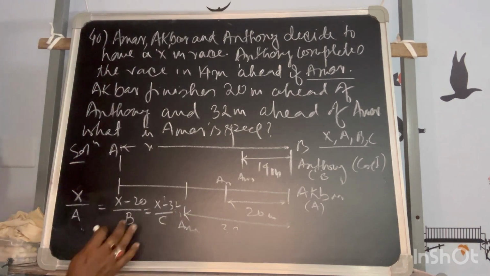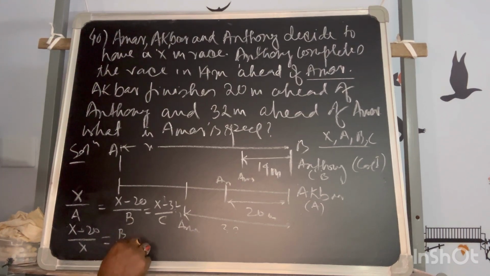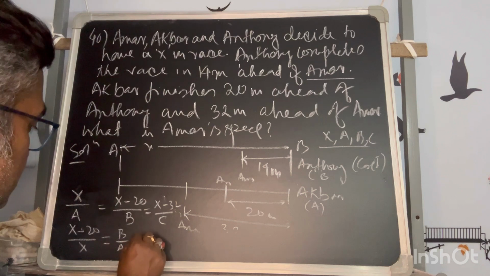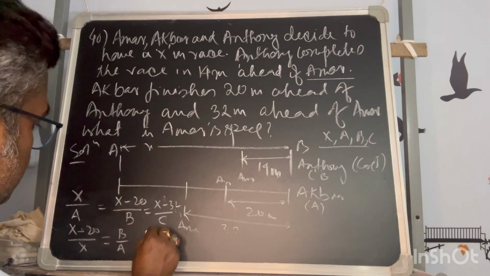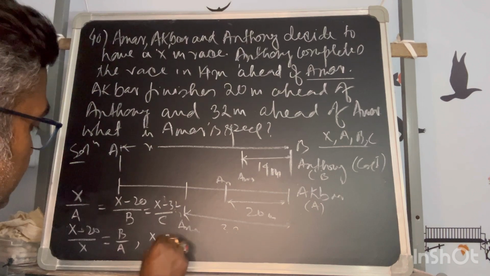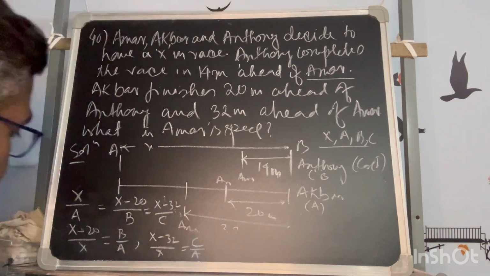So this will be one equation, where if I equalize, I will get x minus 20 upon x equal to b by a as the ratio. If we equalize this one, x minus 32 by x is equal to c by a. This will be another equation.